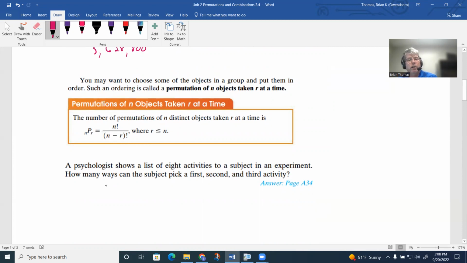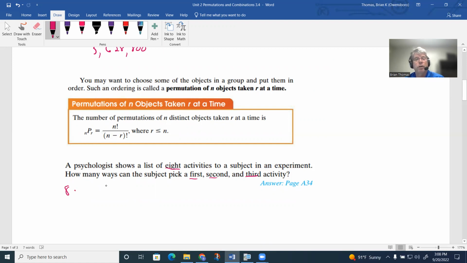A psychologist shows a list of 8 activities to a subject in an experiment. How many ways can a subject pick first, second, and third? Notice that order does matter in this case because you have this first, second, third concept. So this is a permutation because of that. We pick up on it's going to be 8 choices for first.